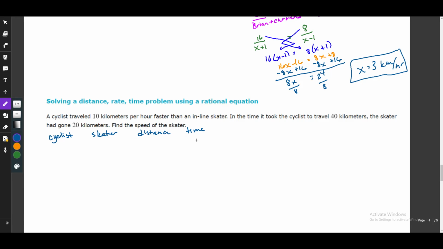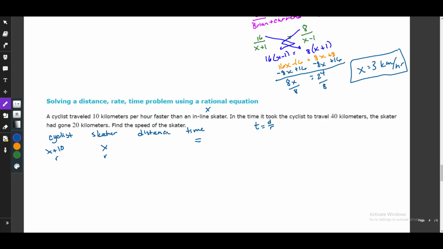The time is equal, which tells me I'm going to have my formula time equals distance over rate. Looking at my cyclist, 10 kilometers per hour faster than the inline skater. So the inline skater is going to get x, and the cyclist is going to be x plus 10 for my rate. This is my rate.